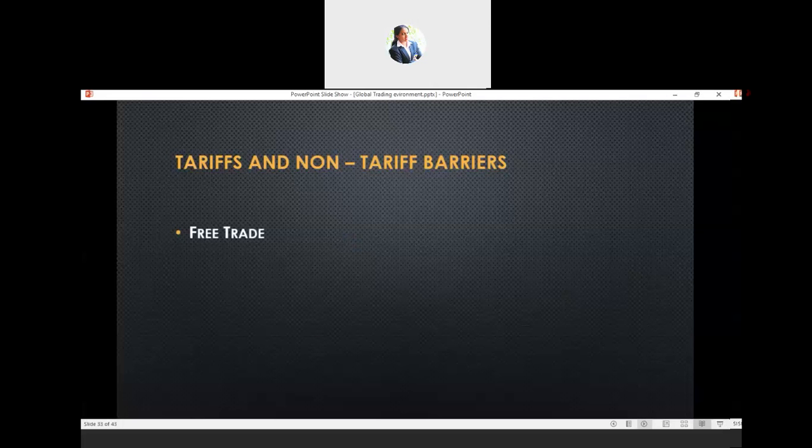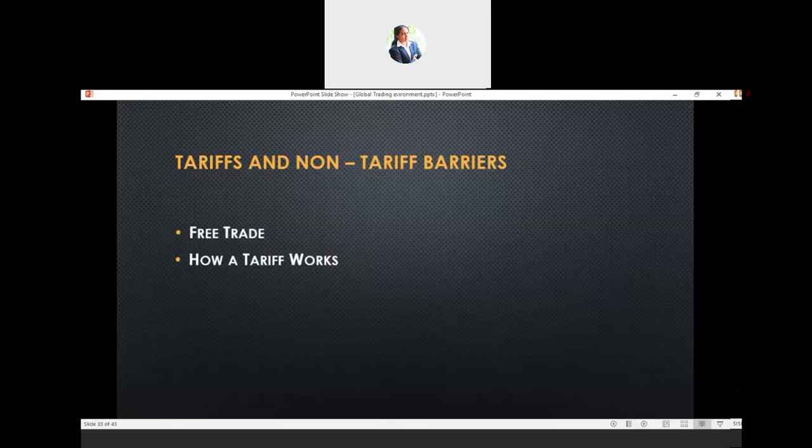Now, the next question is how a tariff works. Tariffs are used to restrict imports by increasing the price of goods and services purchased from other countries.